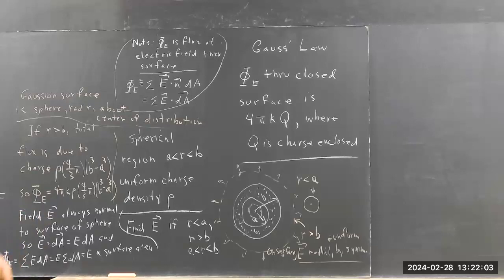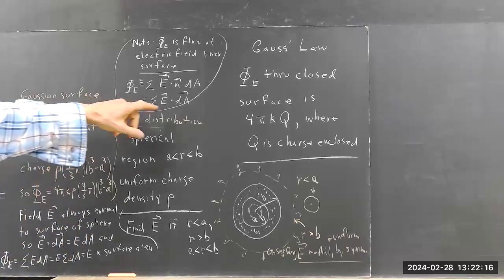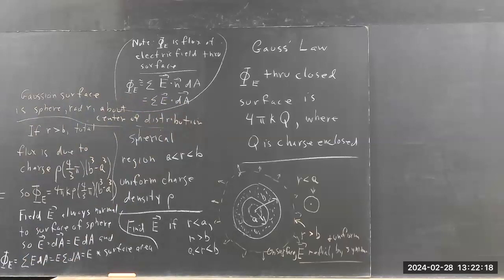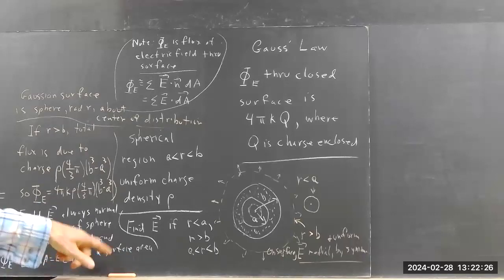Then the field, always being normal to the surface of the sphere, means E dot dA is just E dA, no vectors. Just the magnitude of E times the magnitude of the area. So when you sum up all your area increments, you just get the total area of the surface, and you can factor out E from this summation.